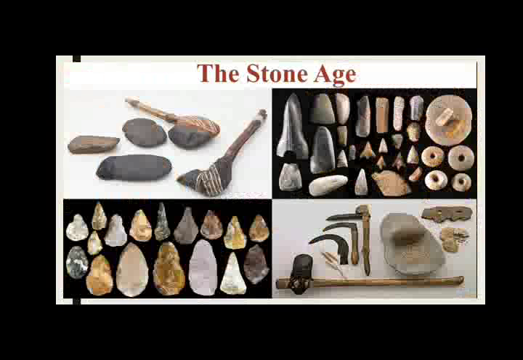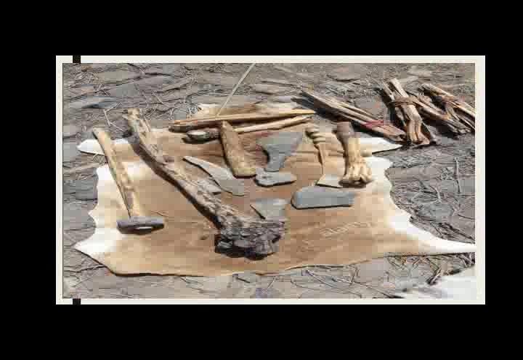However, of all the tools made by humans thousands of years ago, only the stone tools can be found today. Tools made from bone are rarely found. But since twigs and sticks decompose easily, we do not find any tools made from them.